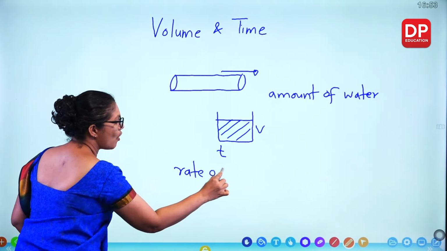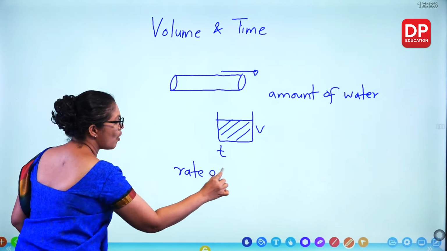Or you can convert to cubic centimeters. What's the relationship between cubic centimeters and milliliters? So 1 milliliter is the same as 1 cubic centimeter, and there's another important relationship. 1 cubic meter is 1000 liters. So you need to know this conversion when we are trying to find out the rate of volume.